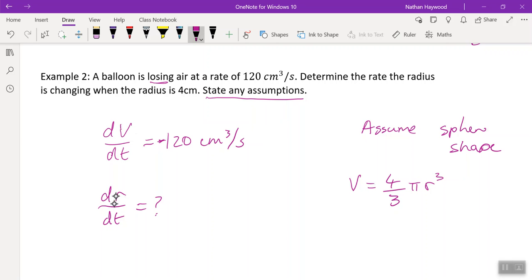We want dr dt. If we find dv dr. Perfect. You figured it out. So we find the derivative of this.